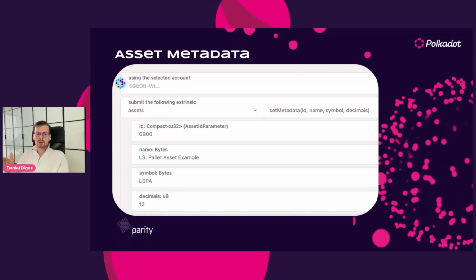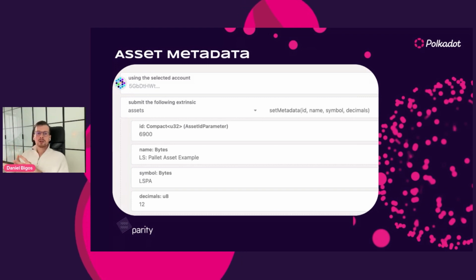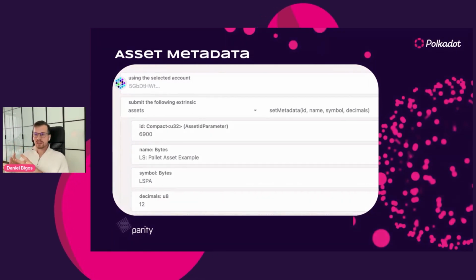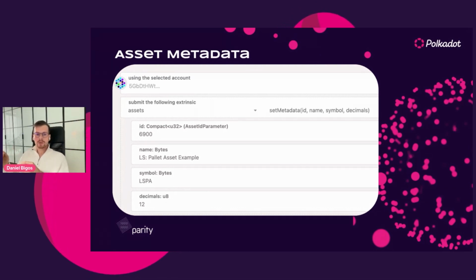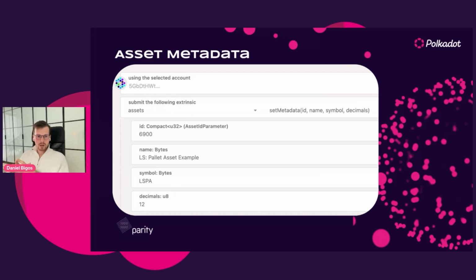In that concrete example that you can see on my slide, we have decimals set to 12. What does it mean? Decimals is about asset precision. One unit of that asset, I mean one LSPA, is represented with those decimals as 1 with 12 zeros. That's the precision. That is how we play with amounts without using fractions.